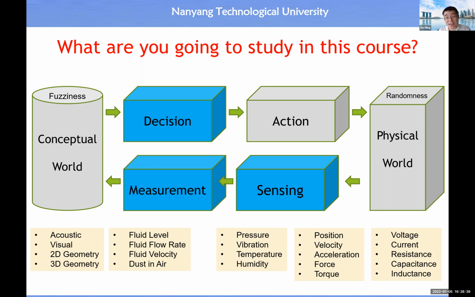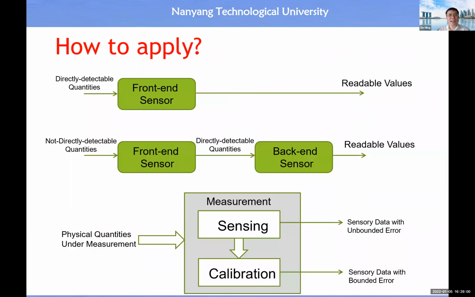And this course will also cover the basic knowledge for you to handle or to cope with the randomness in the physical world, and also for you to understand the nature of fuzziness in the conceptual world. All right.